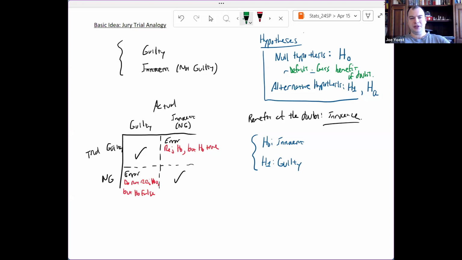So we have names for these. Rejecting a true null, we call that error rate alpha, the Greek letter alpha. And we call that a type 1 error, rejecting a true null.